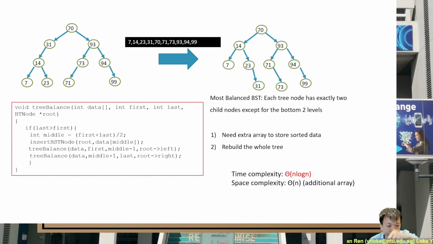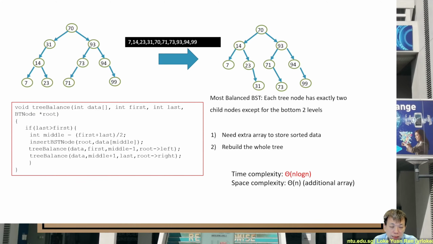Every time you insert a node, the first time you insert at the root, it's just one comparison. The second time you insert, you need to compare once. Then the third time, probably on the right side, maybe left side, doesn't matter, but you need at least 1 to 2 comparisons.